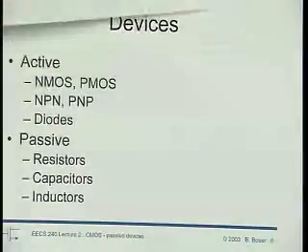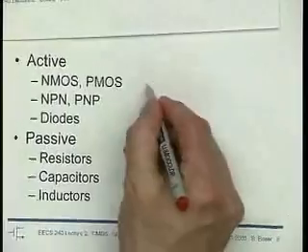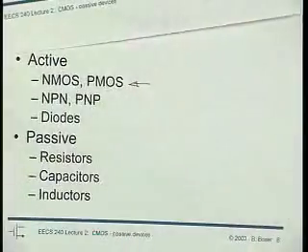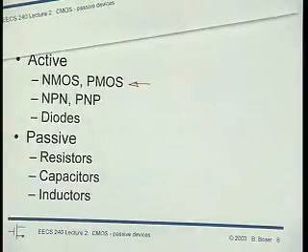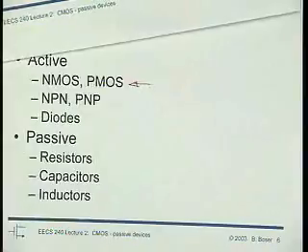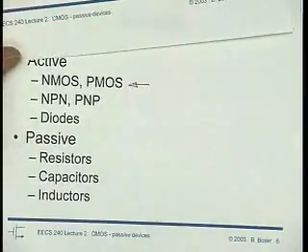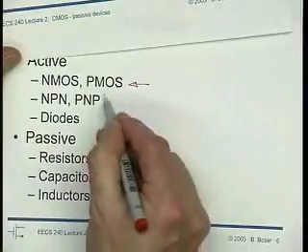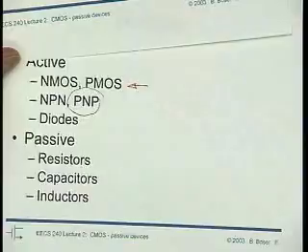Okay. Well, so there are obviously the active devices, NMOS, PMOS. These are the workhorses. If we can do anything with an NMOS, or if it has to be a PMOS device, that's what you're going to use, because they're going to be the cheapest, best, and so on. That's where the billions of dollars of development go into, right? Sometimes, if we build a reference, for example, we will try to use the parasitic PNP transistor.